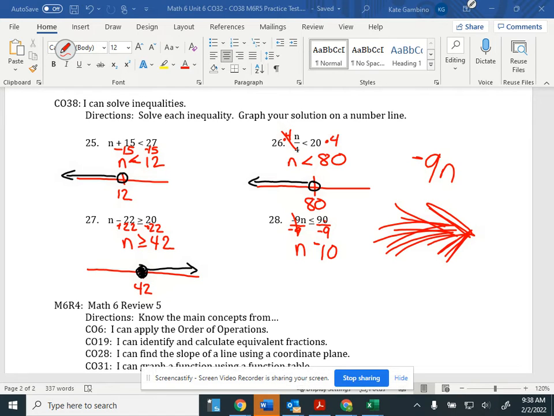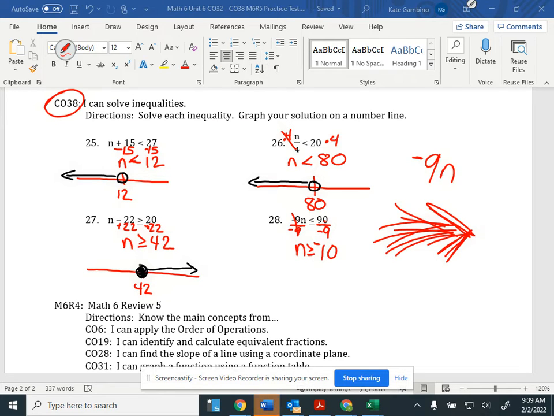Nope. Maya? You flip what your inequality is. So instead of less than, it's going to be greater than. It's on your binder sheet. Put it on your help sheet, CO38, because it only applies to CO38. That's the only CO about inequalities.